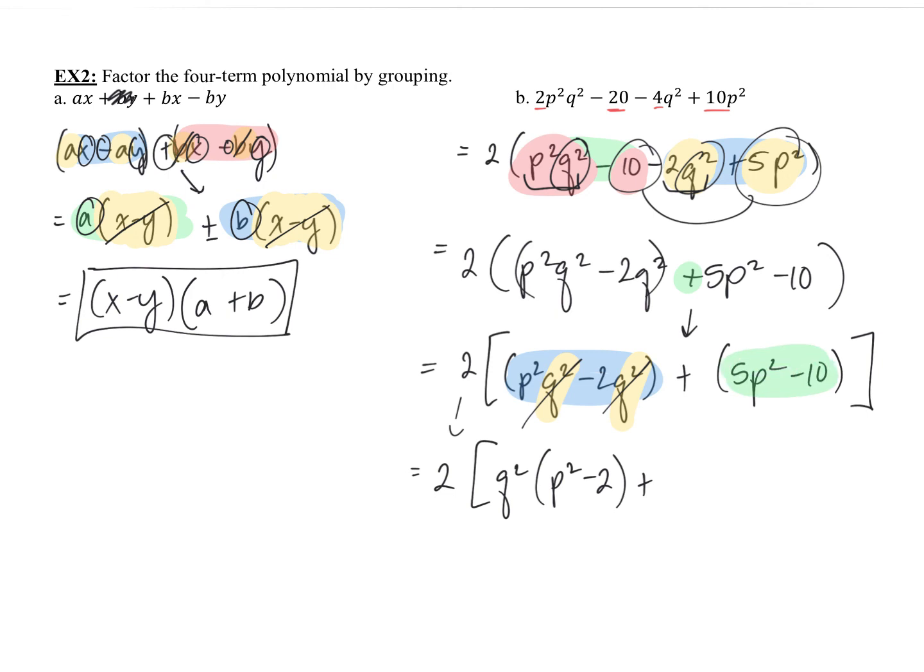In the next grouping, what do they have in common? Well, they both have a 5. There's a 5 here, and then inside of 10 we know there's a 5. So let's go ahead and factor out the 5. And what's left over is p squared minus, remember 10 is 2 times 5. So we have 2 left over.